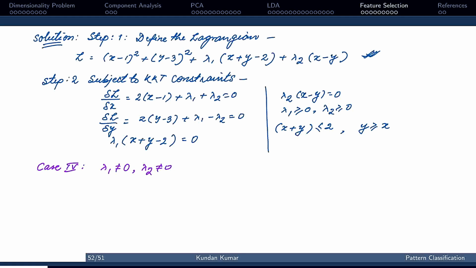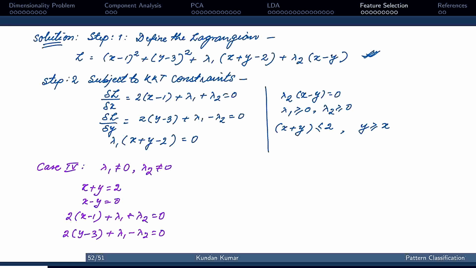If we consider these conditions, then we will have the set of equations x plus y equal to 2, x minus y equal to 0, 2x minus 1 plus lambda 1 plus lambda 2 equal to 0, and 2y minus 3 plus lambda 1 minus lambda 2 equal to 0.